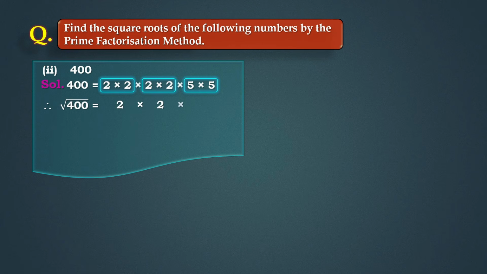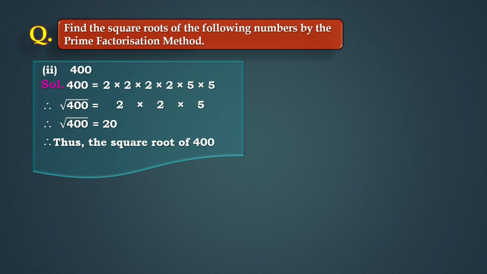So, the square root of 400 is equal to 2 multiplied by 2 multiplied by 5. Now, multiply them. 2 multiplied by 2 is 4, and 4 multiplied by 5 is 20. Therefore, the square root of 400 is 20. Keep practicing this method to become more confident in finding square roots.